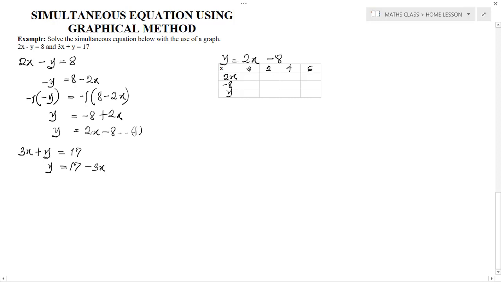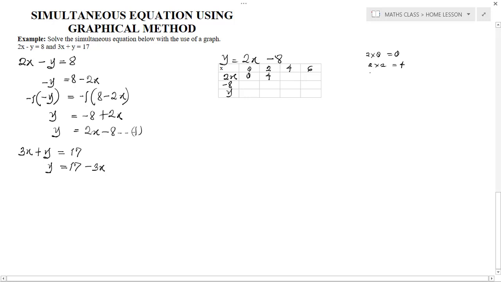When x is 0, 2x will give you 2 times 0, which is 0. So here is 0. When x is 2, 2x will turn to 2 times 2, which is 4. Here is 4.